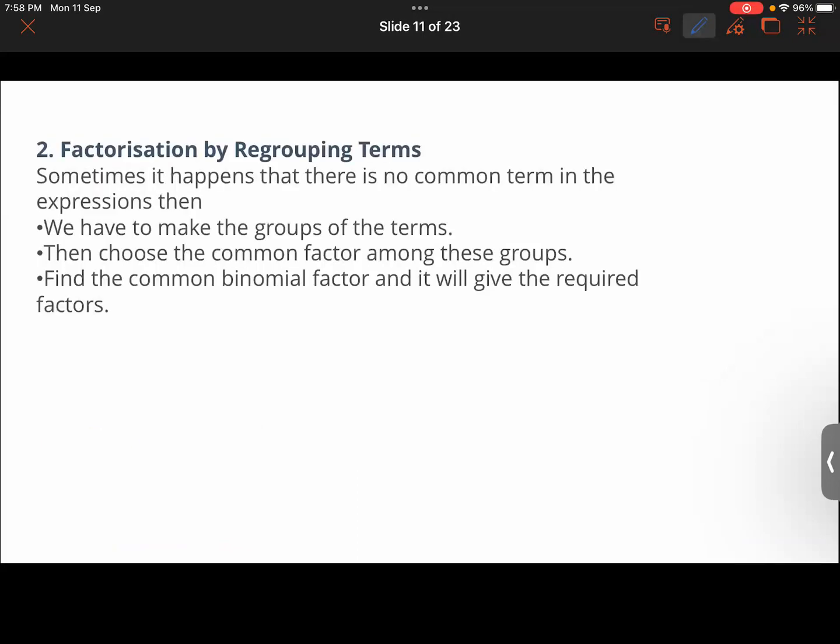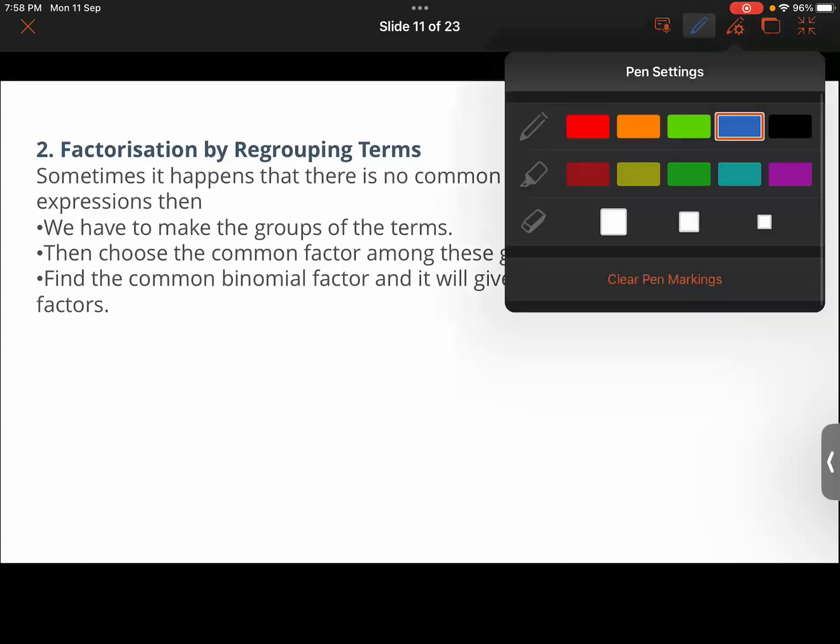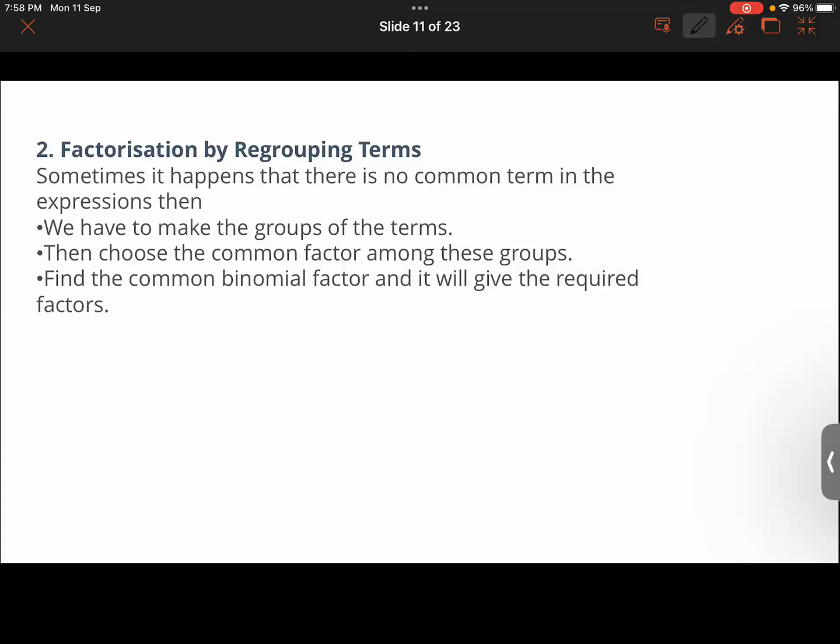In the method of regrouping, we collect the like terms. That is, the algebraic terms which have common factors and are easy to factorize are taken together. For example, let's say I have an algebraic expression pq square minus qn square plus n square.